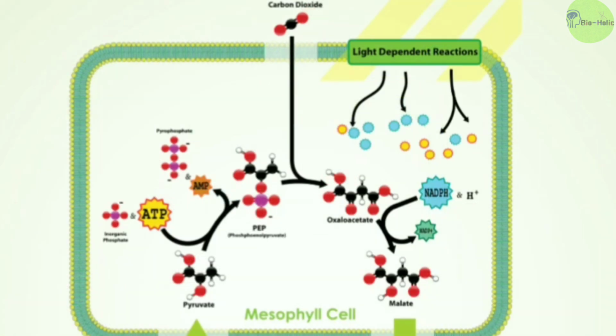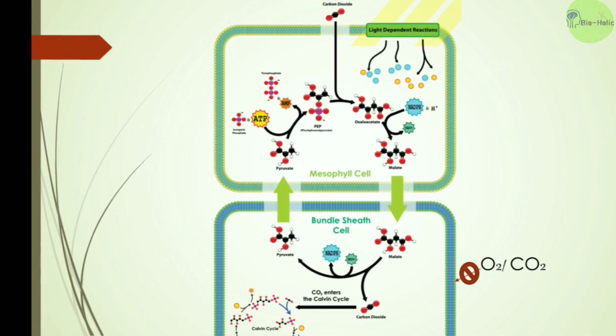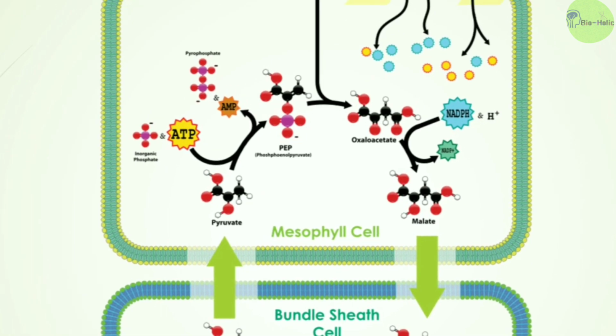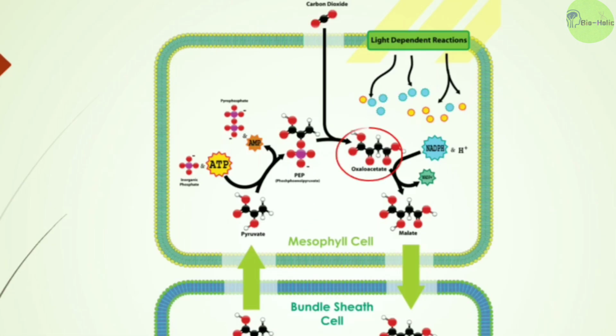That's why they make a chemical compound, the carbonic acid, which is formed by the combination of carbon dioxide and water. And the phosphoenol pyruvate combines with the carbon dioxide and makes oxaloacetate. As this oxaloacetate has 4 carbons, this cycle is also called the C4 cycle.